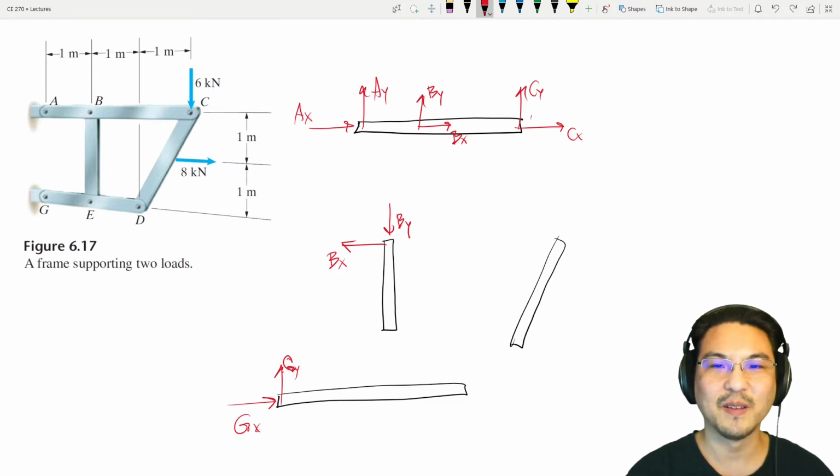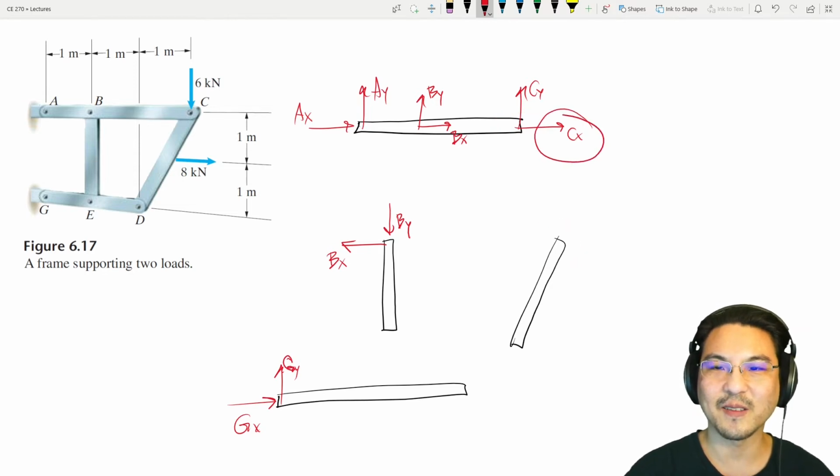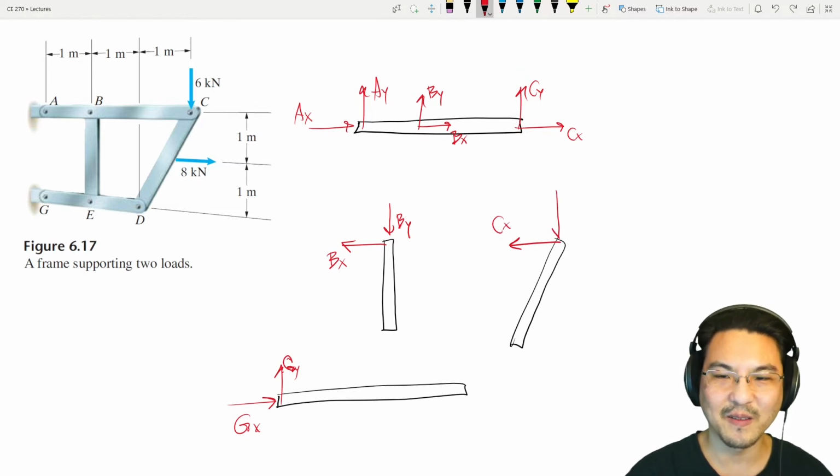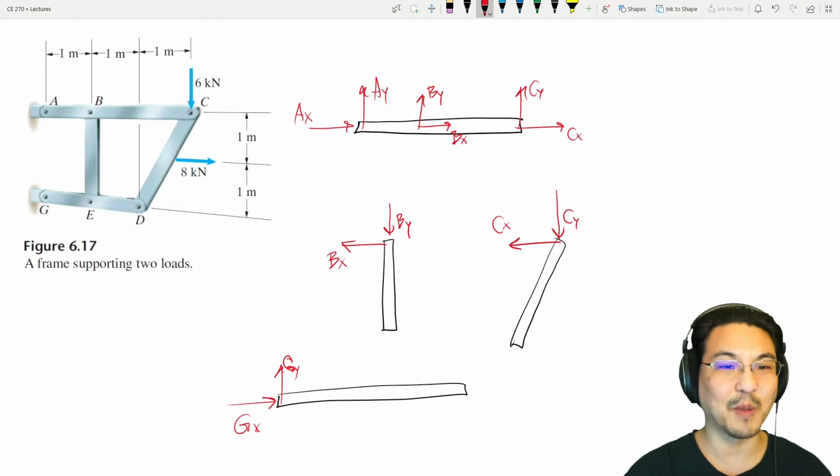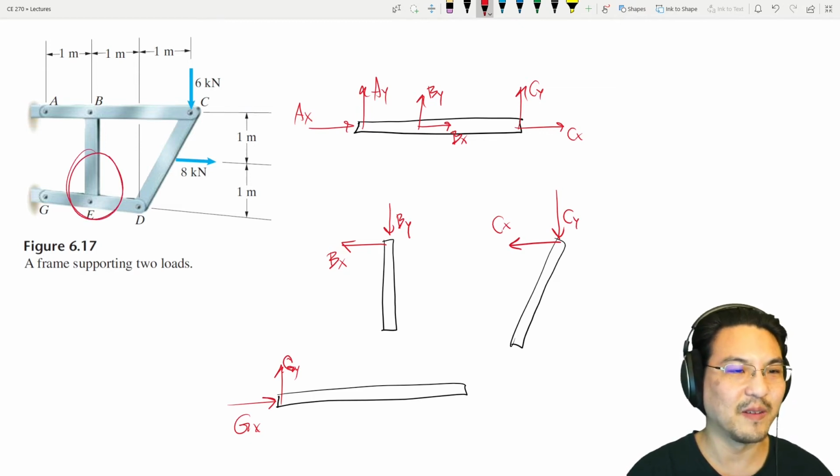Same here. This is connected here. So if I draw Cx this way, I have to draw it this way. If I draw Cy this way, I have to draw it this way for this member. Right? And then let's say we go over here.